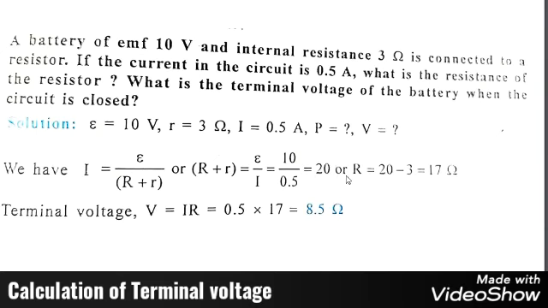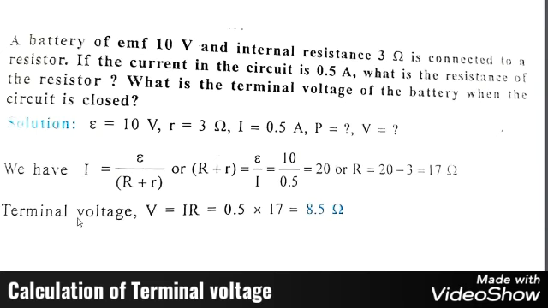Then we can write R is equal to 20 minus 3, since the internal resistance is 3. Then that becomes 20 minus 3, which is 17, and R is 17 in terms of ohms.